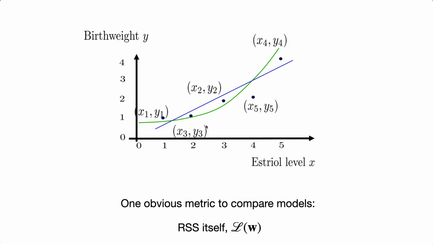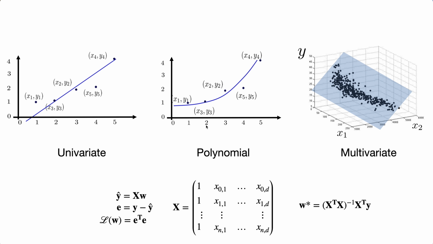This is a small pause where I wait for you to think about, wait, ordinary least squares, I thought it was a linear function. And one of these is nonlinear. So how can you use a linear method on a nonlinear model? Well, I'm glad you asked that, because it turns out that the linearity that we're talking about is linearity with respect to the weights W. It is not linearity with respect to the x's.